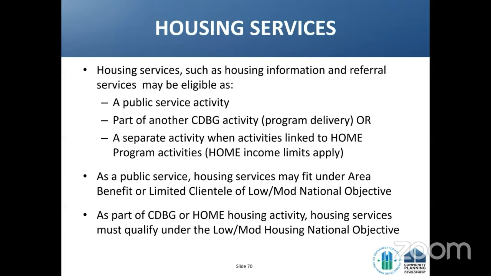In CDBG, although we have emergency grant assistance to help with rent, CDBG is not a rental assistance program. Too many people confuse that, think that CDBG can be used for that, and CV, but no, only as emergency grant assistance as outlined in the notice, the August 20th Federal Register notice. Next slide, please.